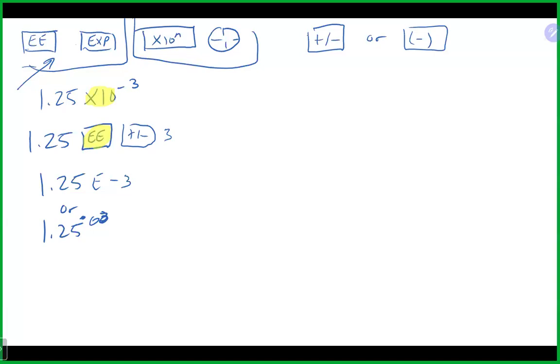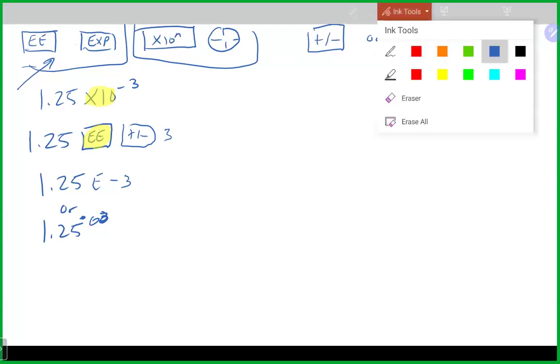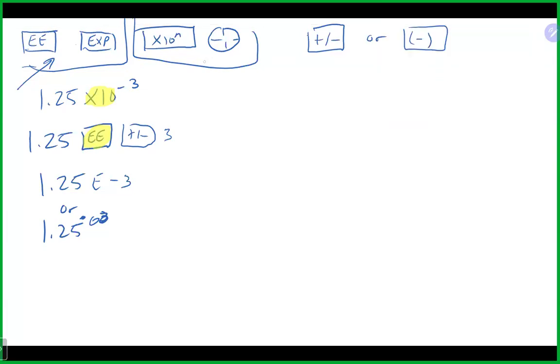Now, if you have this sort of two-tone calculator with this combination, a little wheel and a times 10 part, you just have to put everything in parentheses. Any number that's in scientific notation, you have to put parentheses, because frankly, your calculator was programmed really poorly and it doesn't know how to do it, and it mixes all the numbers together. So you need to open a parenthesis. You need to punch in 1.25 and then hit your times 10 to the n button.